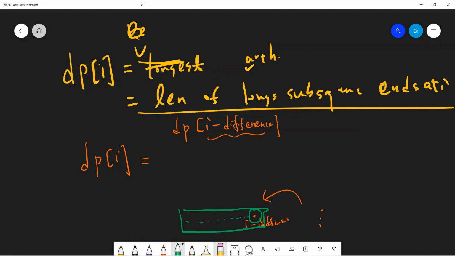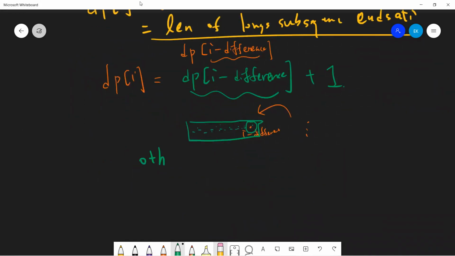If i minus difference exists, then DP[i] can be written as DP[i minus difference], there's only one of this, add 1. So this is when i minus difference exists in this array.